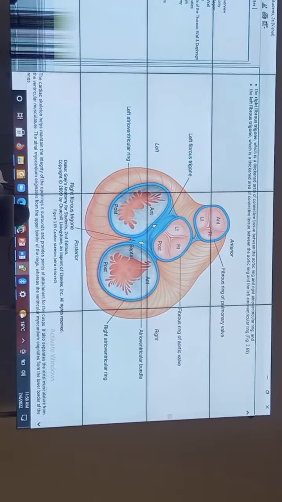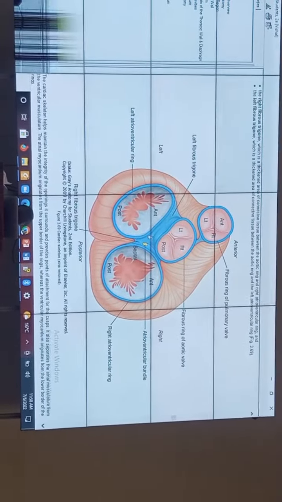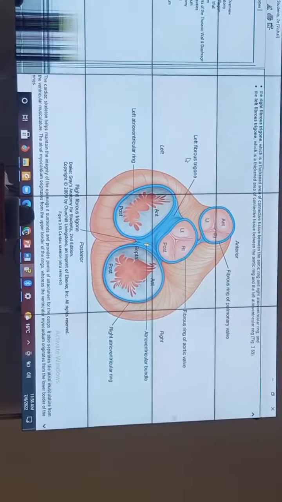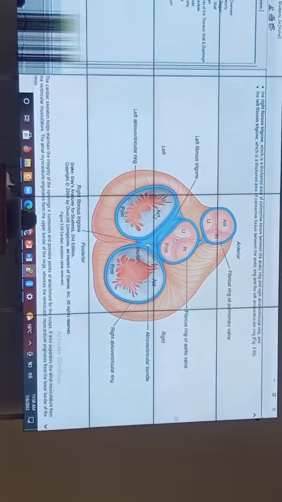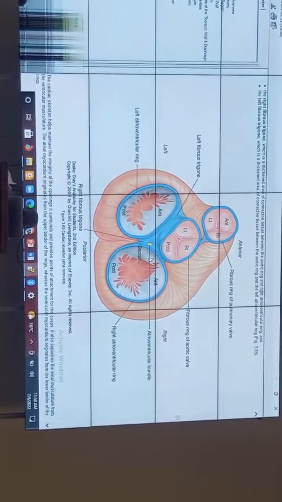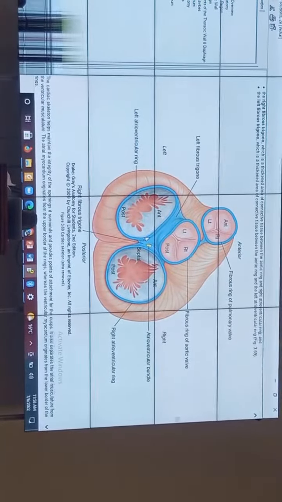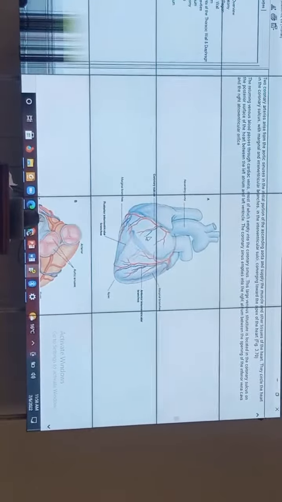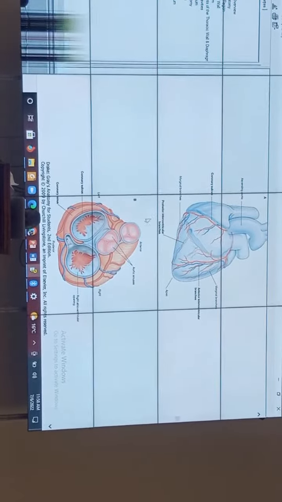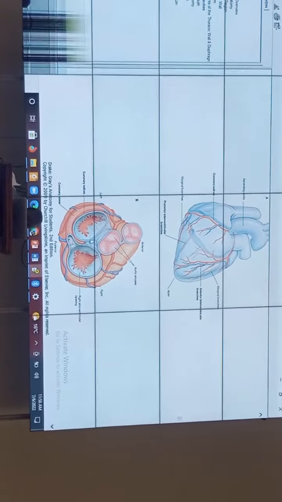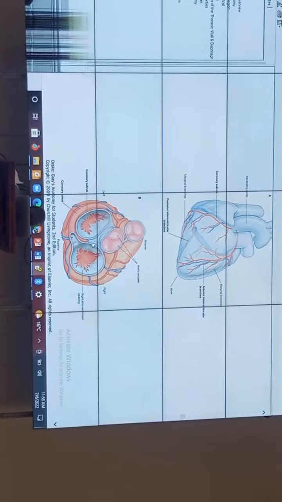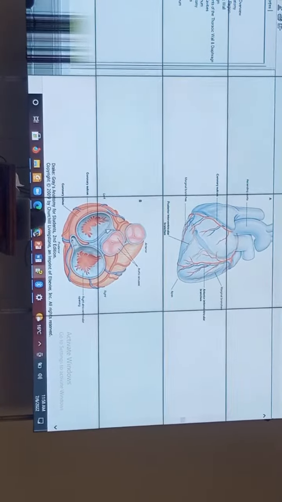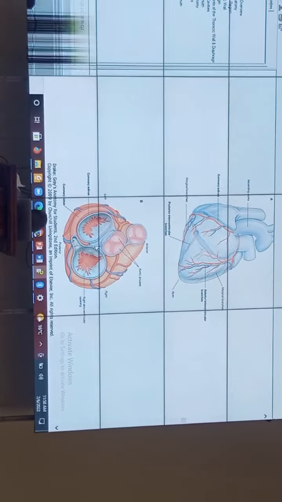All this part that has been labeled the left fibrous trigone is all about the skeleton of the heart. This side we've got the right fibrous trigone. In case you meet that diagram, it is better seen here. That's our cardiac skeleton, the fibrous trigone. We've got the left and the right.